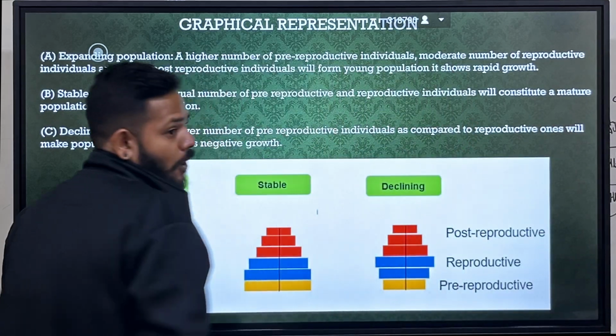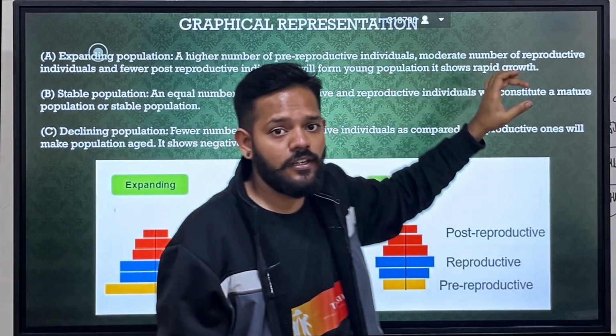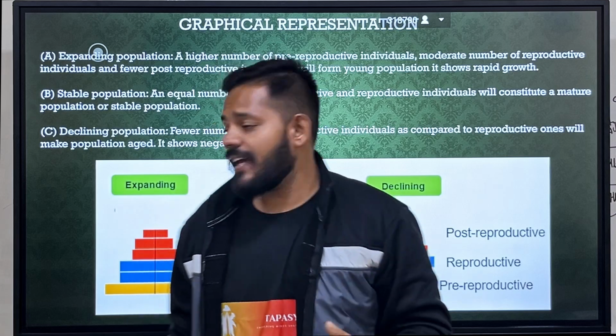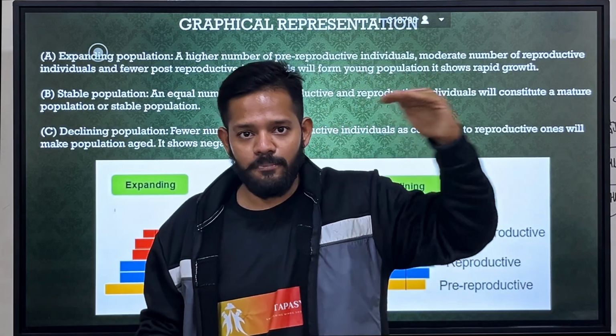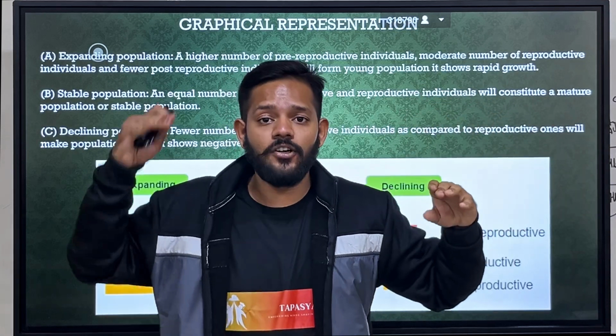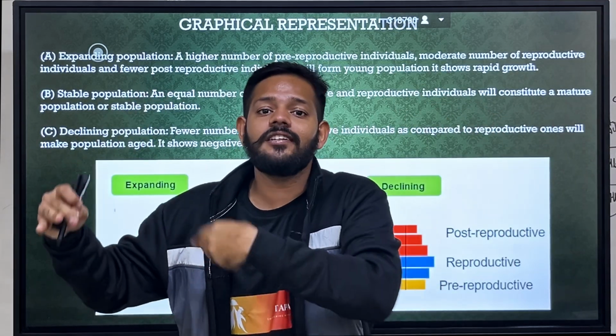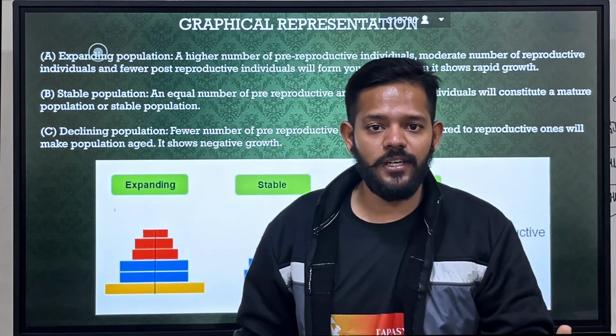Second is your stable population. An equal number of pre-reproductive and reproductive individuals will constitute and make a stable population. It means the number of reproductive individuals, your 15 to 45 year age people, and the number of pre-reproductive, your children, is equal. Then that type of population is a stable population.